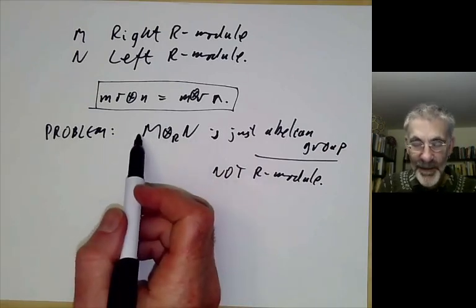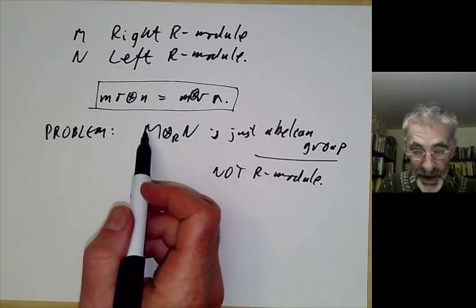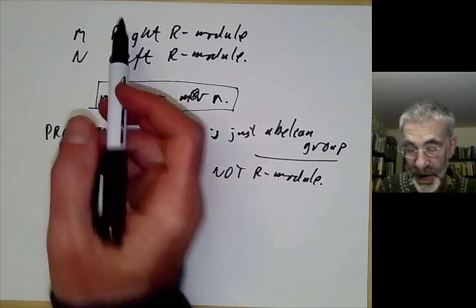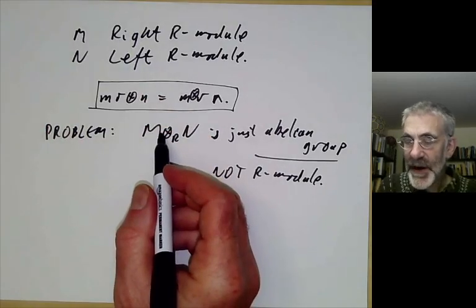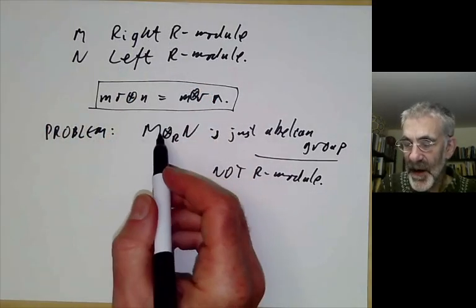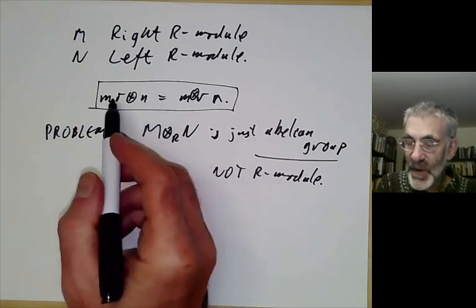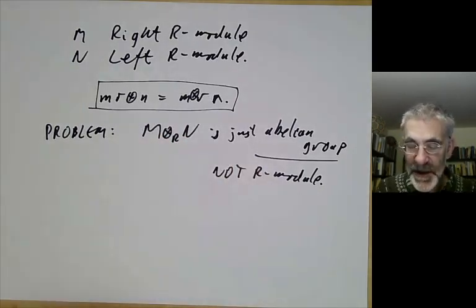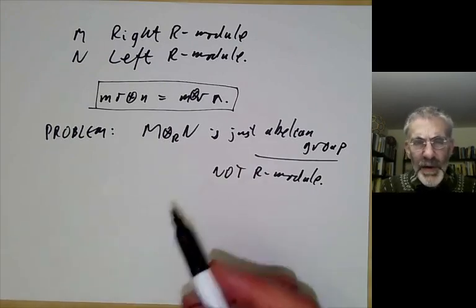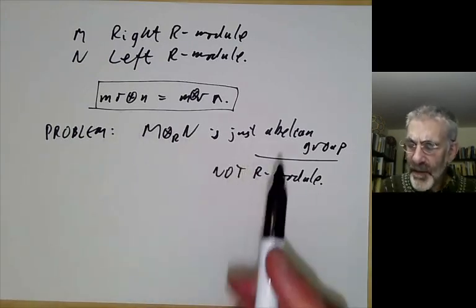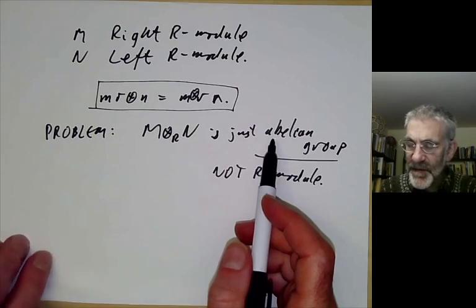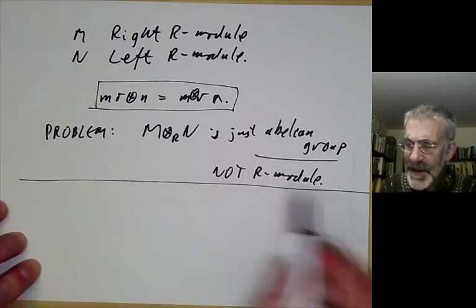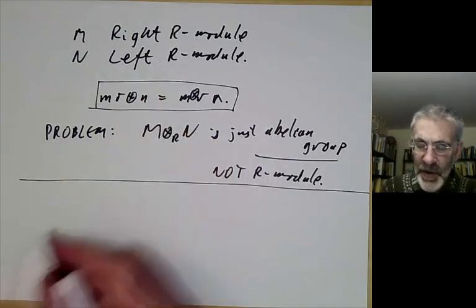If you try multiplying by r on the left with m, you can't do that because m isn't a left R module. If you try multiplying on the right, then you're going to get mixed up with this relation here, and it's again going to be a bit of a mess. So provided you don't mind the tensor product being an abelian group, this sort of works fine, but sometimes you want the tensor product to be an R module, and you can do this as follows.